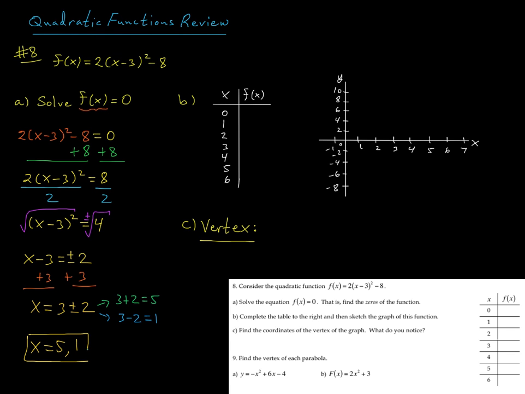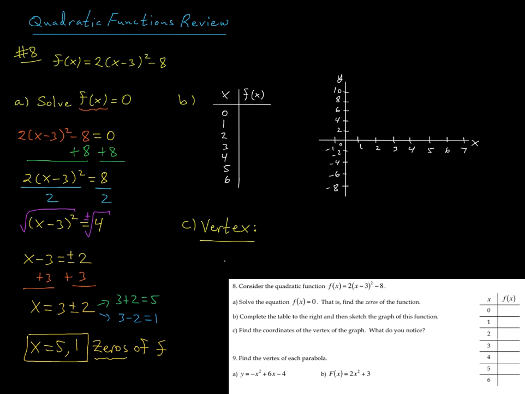As the problem mentioned, these are known as the zeros of the function f. Why? Because what we just found are the values of x such that if we plug them into the rule for our function, I'm going to get 0 for y. If I plug 5 in for x, I'll get 0 for y, and if I plug in 1 for x, I'll get 0 for y. So they're called the zeros of the function.